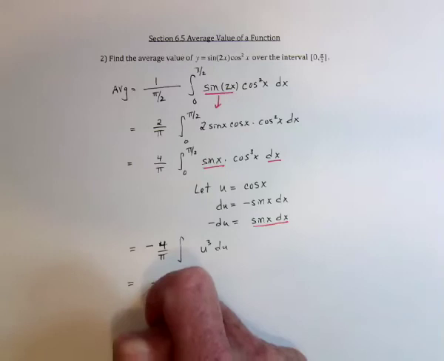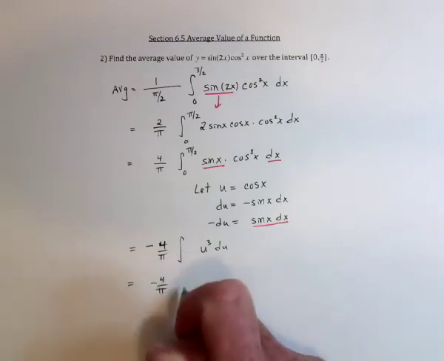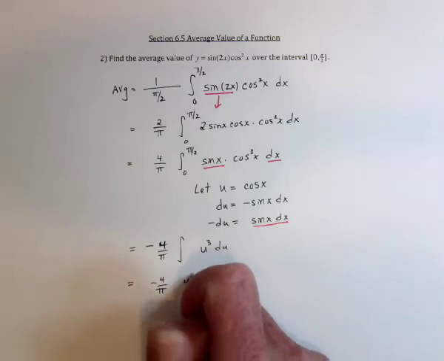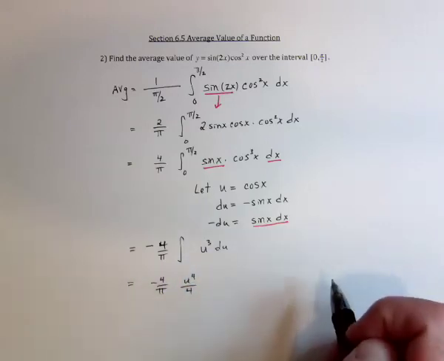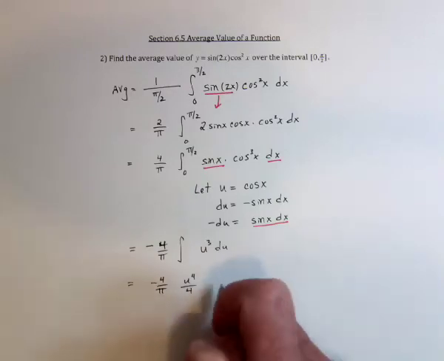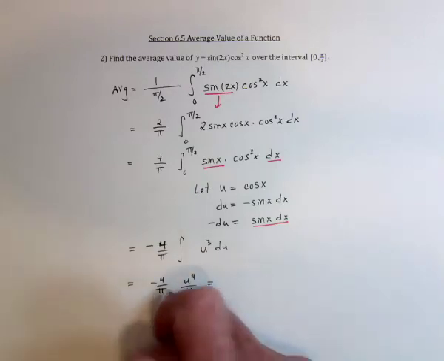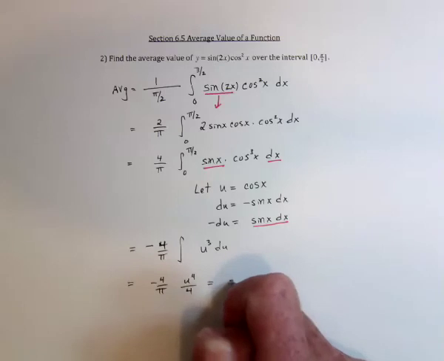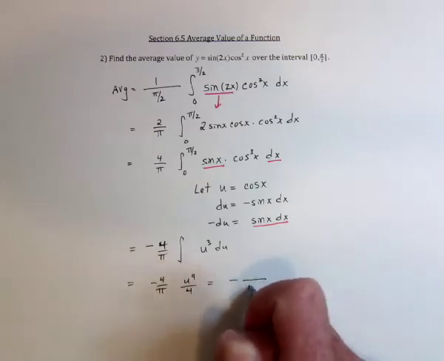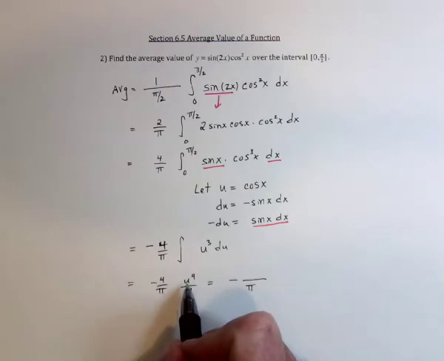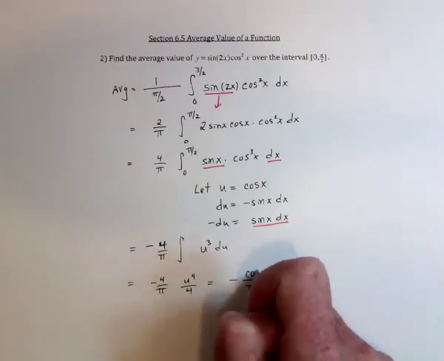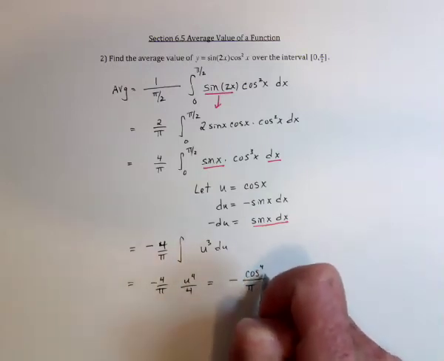So we've got negative 4 over pi, and then this is u to the 4 over 4, and the 4's are going to cancel, so we get negative, and then the denominator there's pi, and then replace u, so we've got cosine to the 4th.